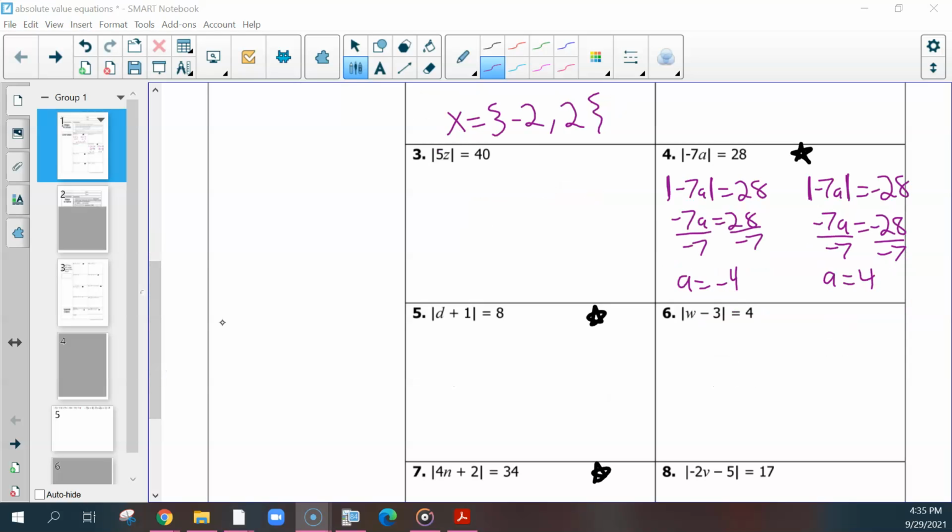Number 5, same thing. There's nothing on the outside, so it's isolated. Set the inside equal to a positive and a negative. I cannot combine D and 1 on the inside, so there's nothing else left for me to do except drop the absolute value signs.